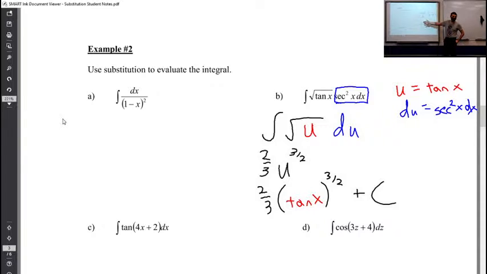And you can double check. You can take this derivative back and verify that we would have this 3/2 come out in front and cancel. And then I would have tangent of x to the positive 1/2, which would make it be the square root of tangent of x. And then we need the chain rule, times derivative of the inside part, derivative of tangent, secant squared.